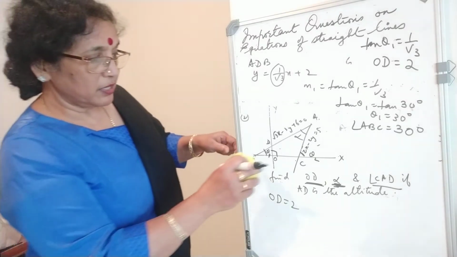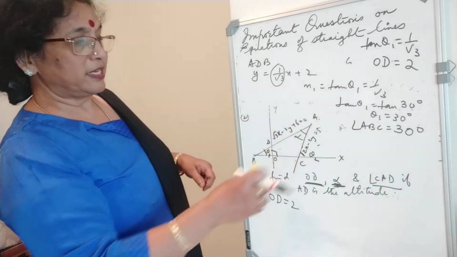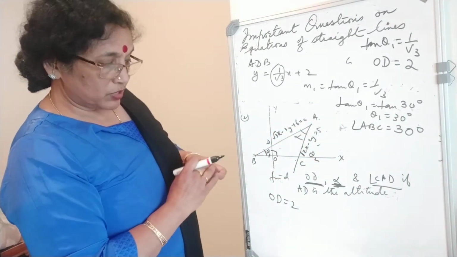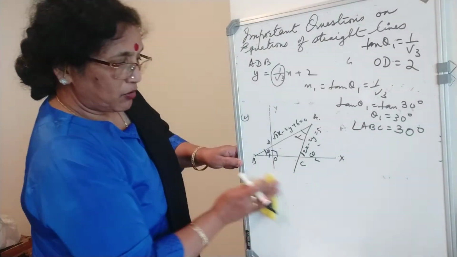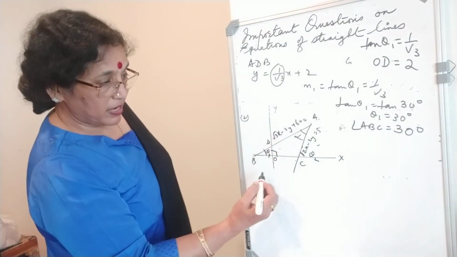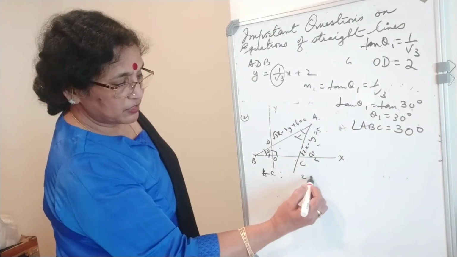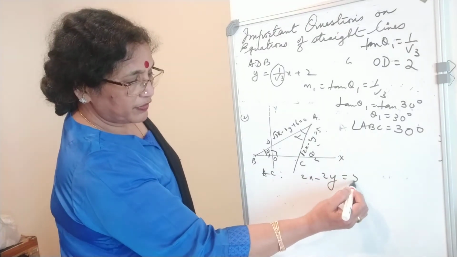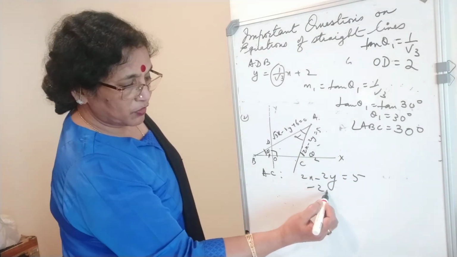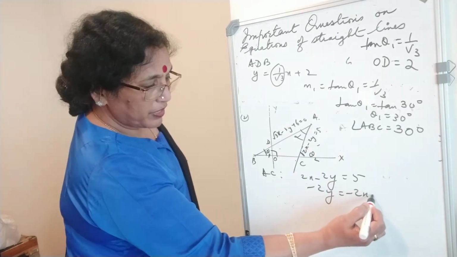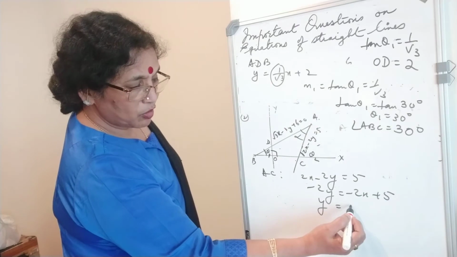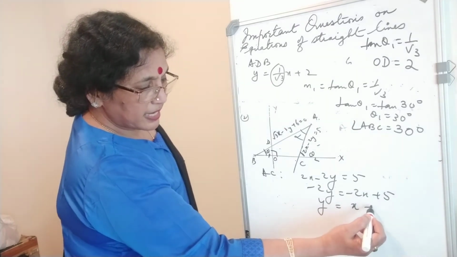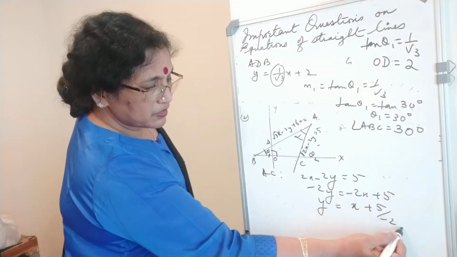Right? So here, now, the line 2x minus 2y is 5. So the second equation, I'll rub this out. I don't want to rub out the figure so that you can copy it. So the second one, AC, for AC is 2x minus 2y is 5. So y subject formula, let me do it your way. Then divide by minus 2, minus also should not be there. That becomes y equals x, and plus 5 divided by minus 2.